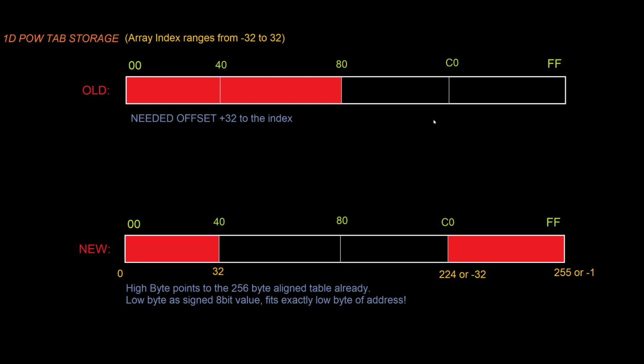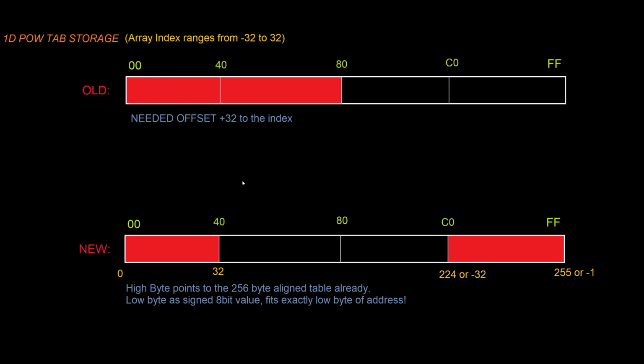This is a 256 bytes aligned table. So the high byte in the address will be the same, and the low byte goes from 0 to 255, FF hexadecimal. So that would be the regular way to store it. But then, if you pass a coordinate value that can be negative or positive, you have to offset it. You have to add plus 32 to find the index on the table.